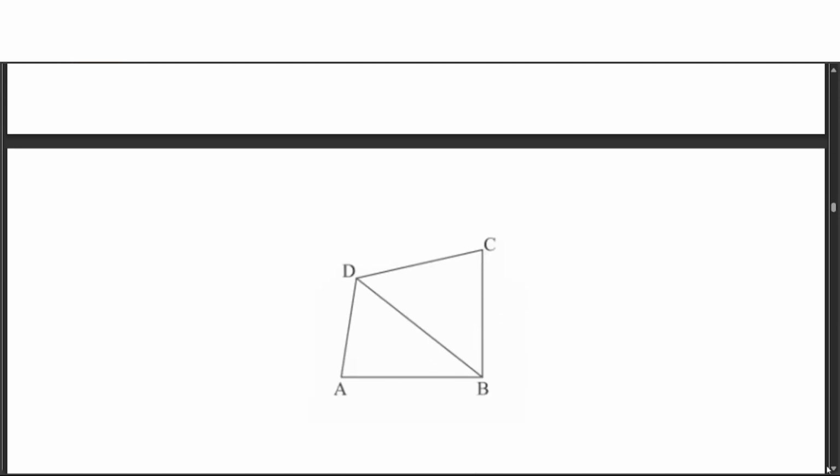Here it is given that diagonal BD bisects angle B and D, which means this angle is equal to this angle and this angle is equal to this angle. You have to prove the similarity of triangle ABD and triangle CBD.